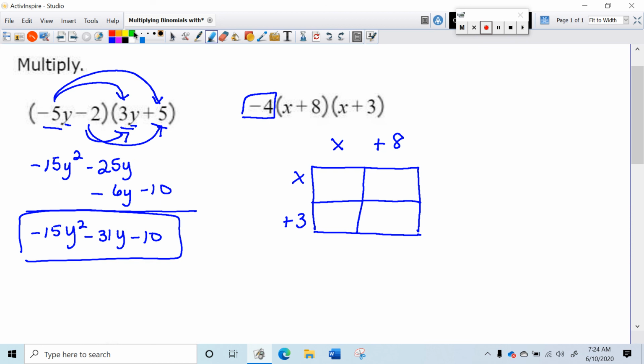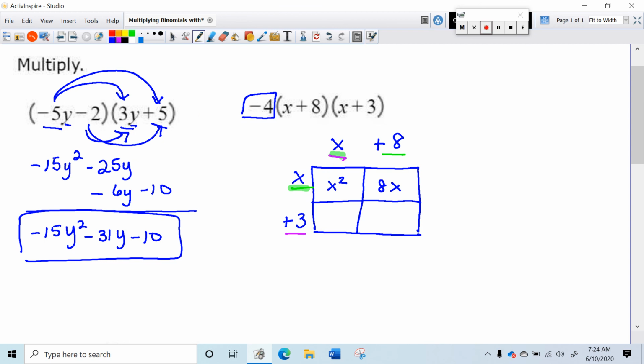Now for this method, you are multiplying up and over each time. So x times x is x squared. So then I'm going to go up and over. 8 times x is 8x. And for the second row, you do the same thing.